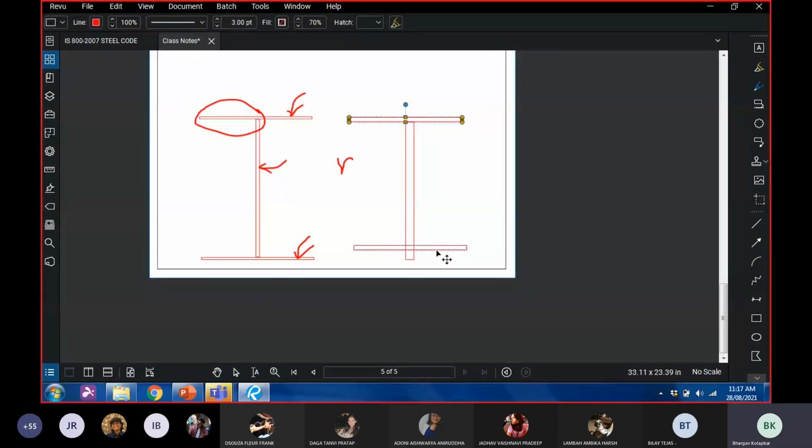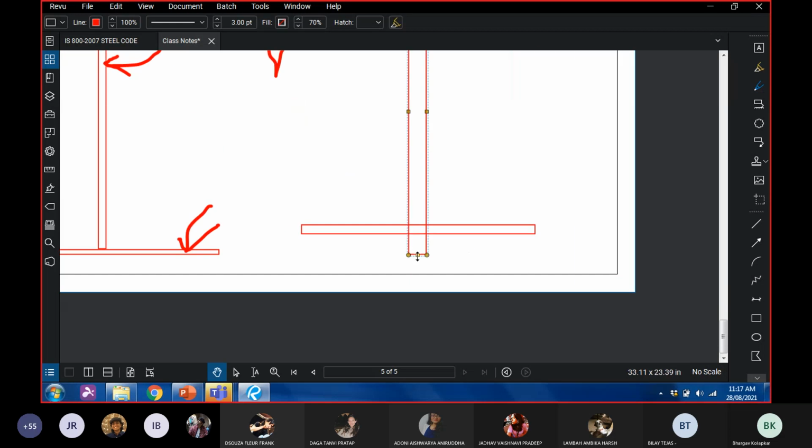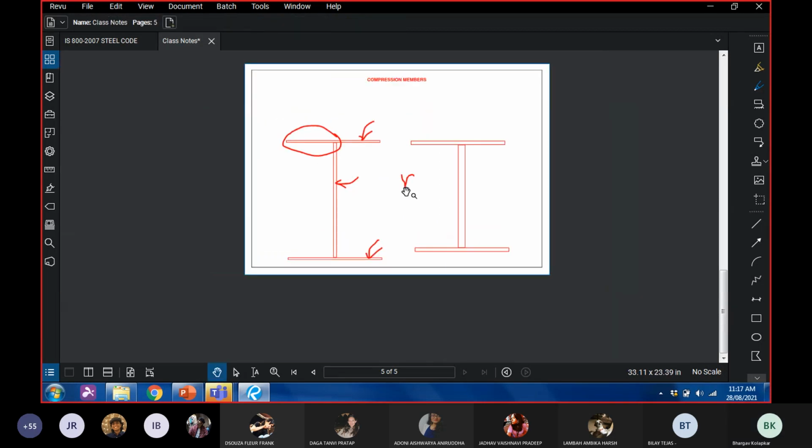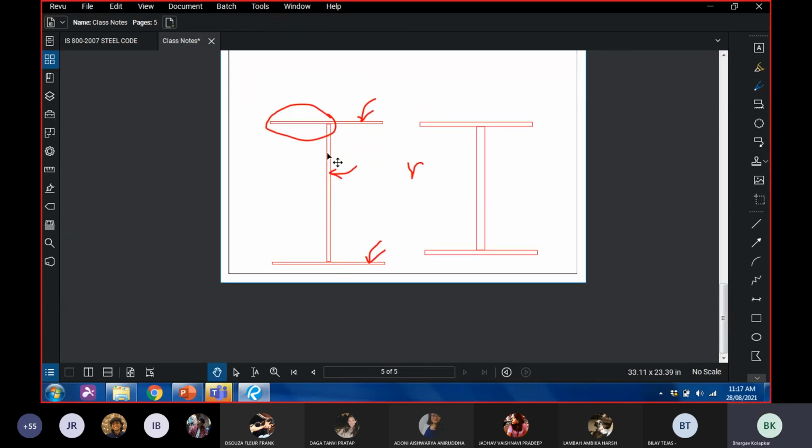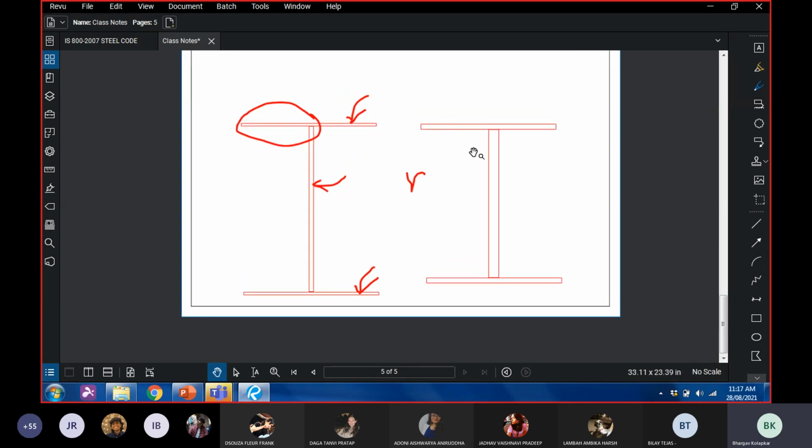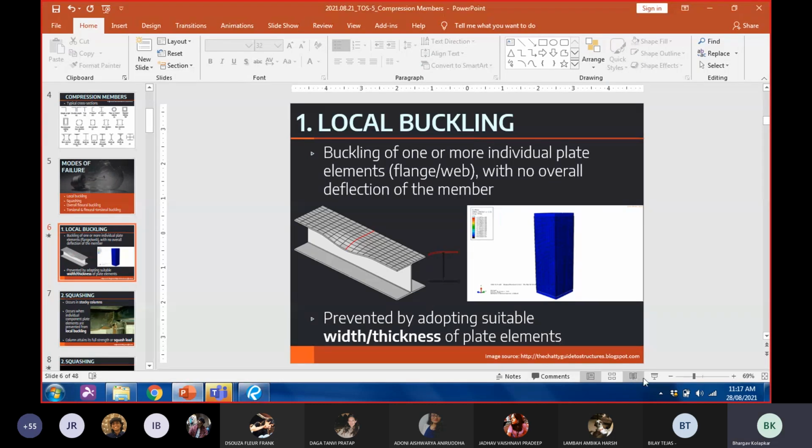Now the overall area might remain the same, but just by using thicker sections, you're making sure that the individual plate elements of the member do not buckle. So a very simple way to prevent it.